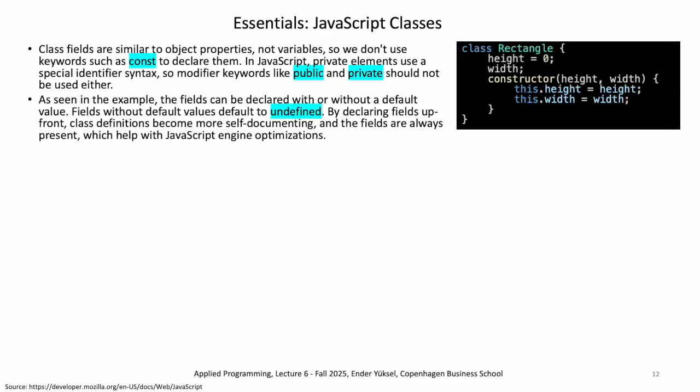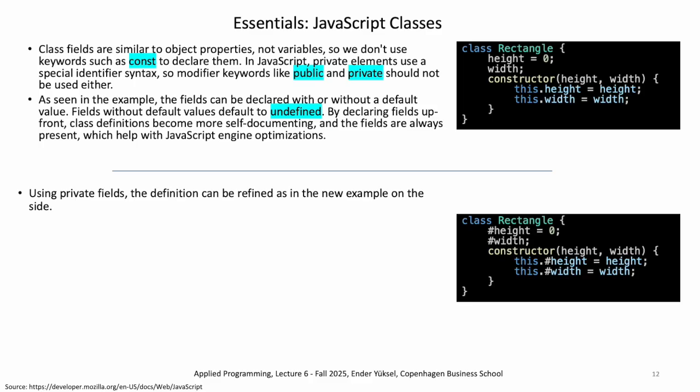As seen in the example, the fields can be declared with or without a default value. Fields without default values default to undefined. By declaring fields upfront, class definitions become more self-documenting, and the fields are always present, which helps with JavaScript engine optimizations.